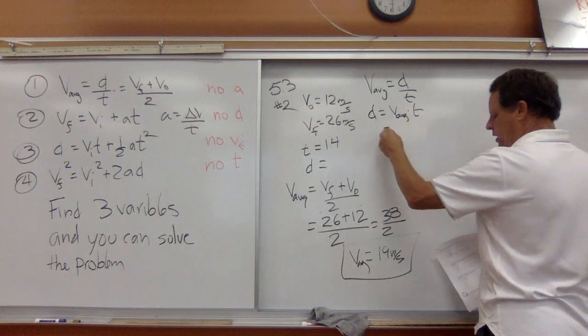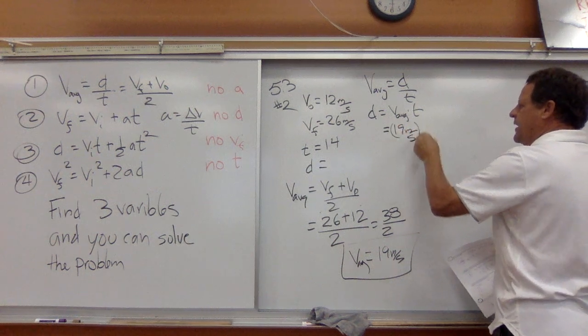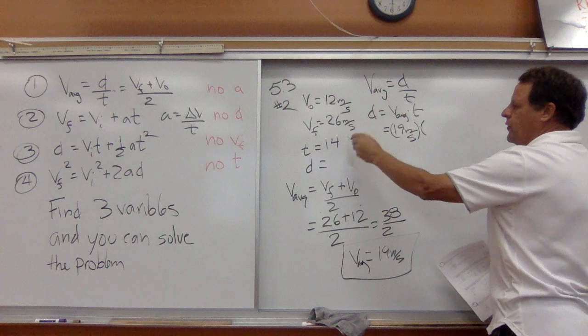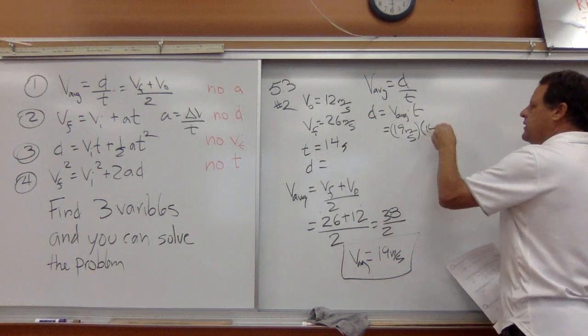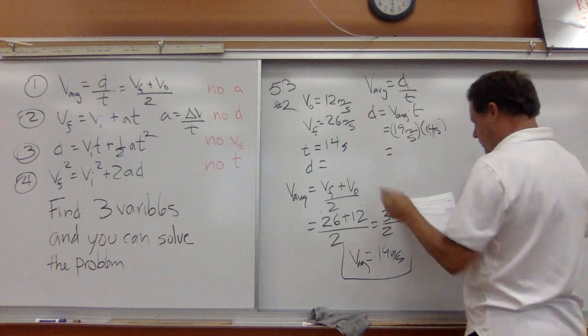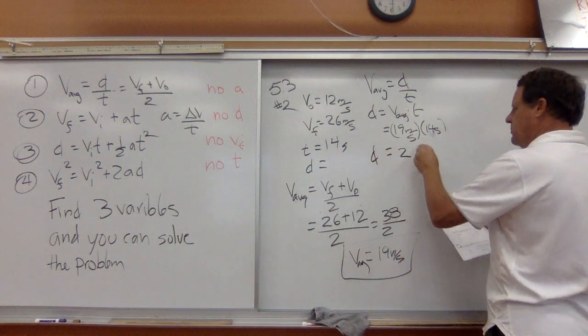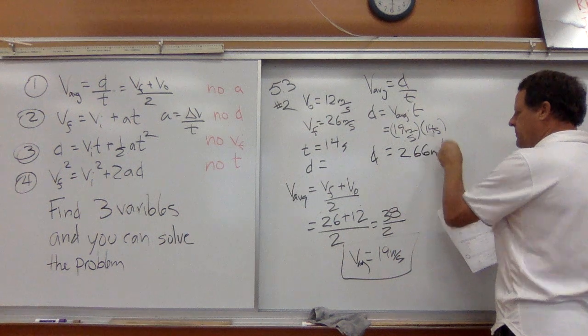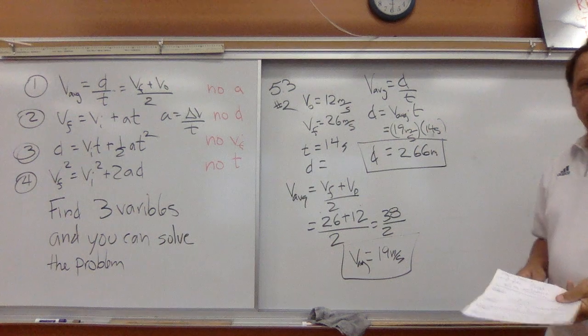We know our average velocity is 19 meters per second, and our time is 14 seconds. When we multiply that, our displacement is going to be 266 meters. All right, so that is 5.3 number 2.